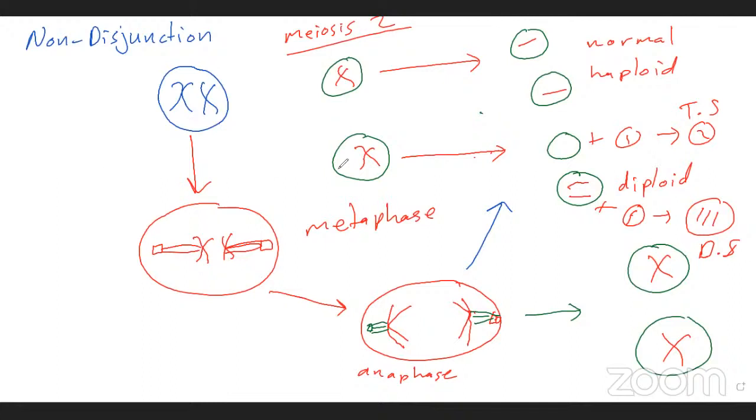Have you seen the term before? Trisomy. I just explained what trisomy means, right? You have a cell with 3 chromosomes inside of it. So if it says trisomy 21, it is referring to chromosome number 21.